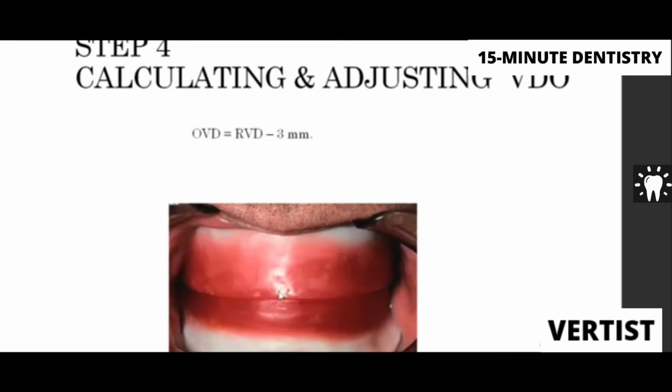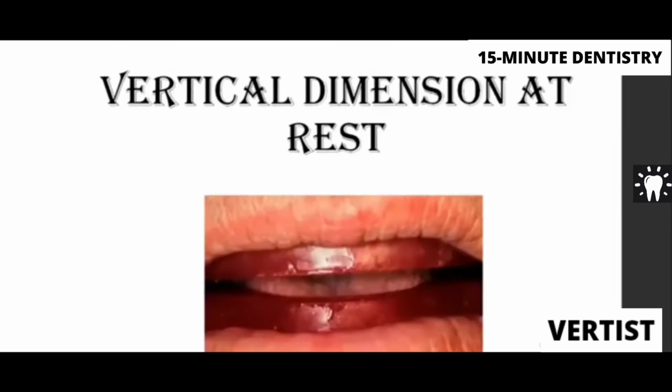It is very important that when you finally adjust the vertical dimension of occlusion, your rims, the maxillary and the mandibular, are evenly touching each other. Then you can ask the patient to verify it. You can ask the patient to say Ram again, and when you part the lips, you will find this space between the maxillary and mandibular rims, and this is called the freeway space when the mandible is in rest position.